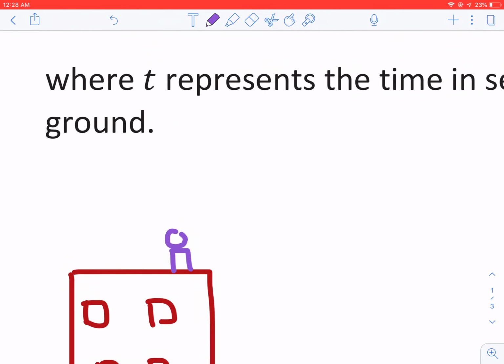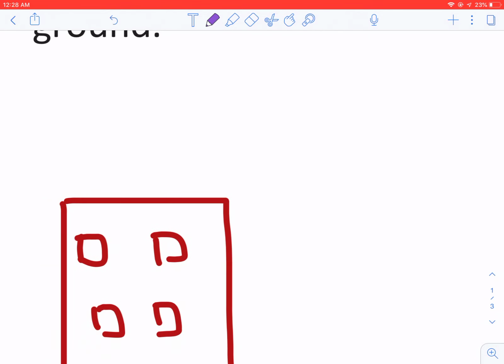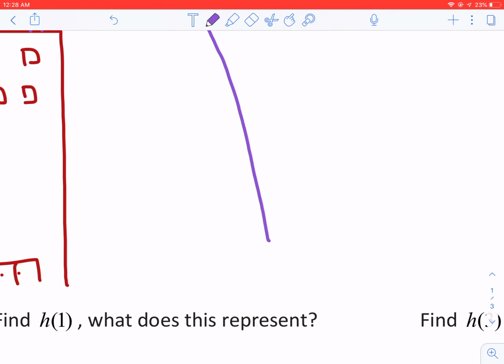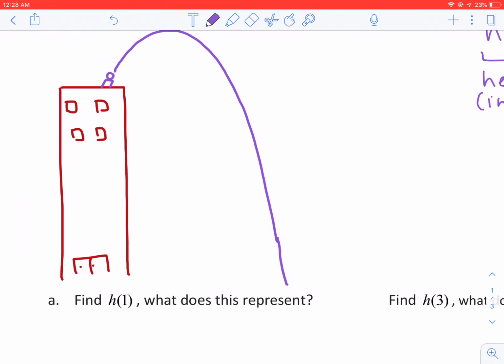But to make things easy for us, and so we can get a good visual, I'm going to draw it being fired at an angle off the building, and it's going to fall off the building and hit the ground at some point, of course. So let's say it looks like that.